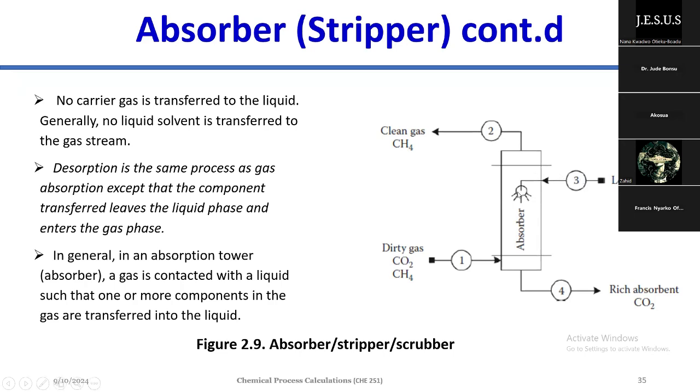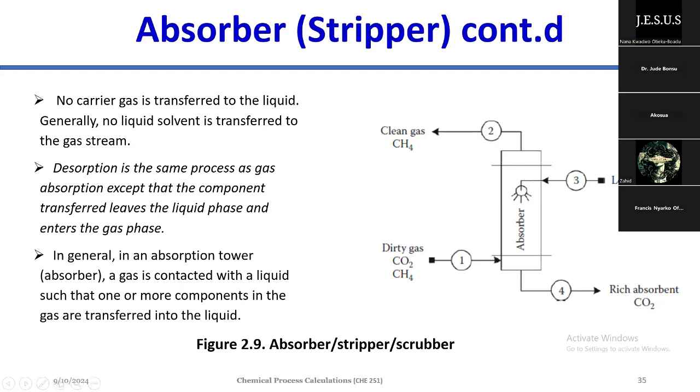So it dissolves the carbon dioxide, and both the lean absorbent and the carbon dioxide come out. Now when the carbon dioxide gets dissolved in the lean absorbent, it comes out as absorbent plus carbon dioxide, and that's why we call it a rich absorbent. It's rich because it's now not pure. It has carbon dioxide attached to it.